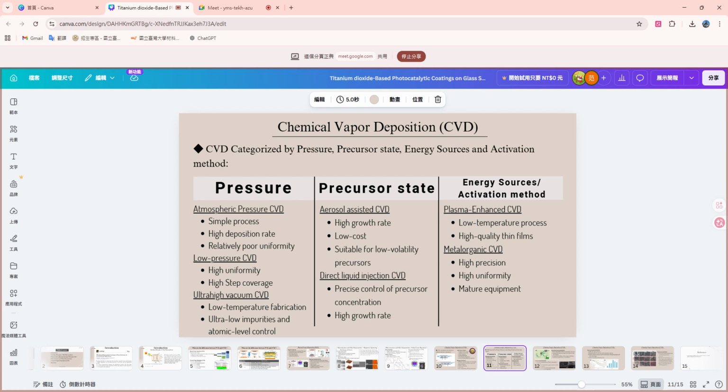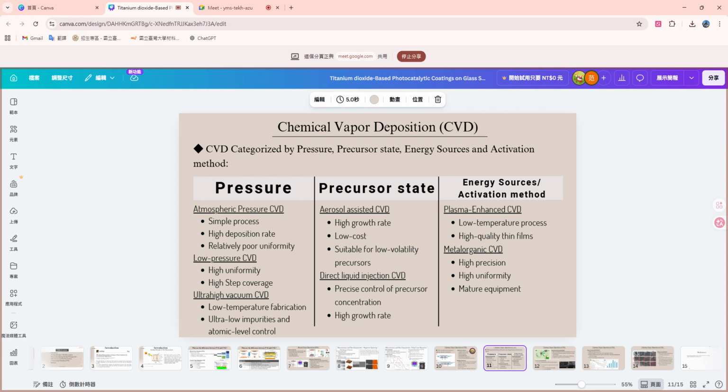Direct liquid injection chemical vapor deposition involves injecting liquid solution precursors directly into the reaction chamber, followed by deposition onto the substrate using conventional CVD techniques. This technology allows for precise control over the precursor injection rate and offers a high growth rate.